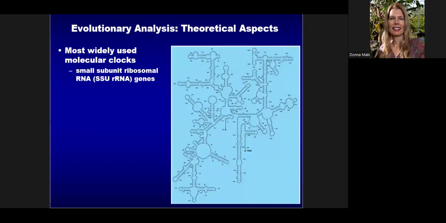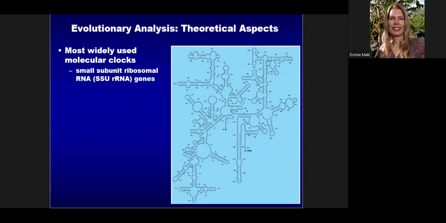But basically, what's currently being used is the so-called small subunit ribosomal RNA genes, abbreviated SSU, ribosomal RNA, rRNA. So they take the stretch of DNA that codes for ribosomal RNA, and they use that as a chronometer or a molecular clock. That's what they're comparing amongst all the different organisms as they try to fill out a phylogenetic tree.